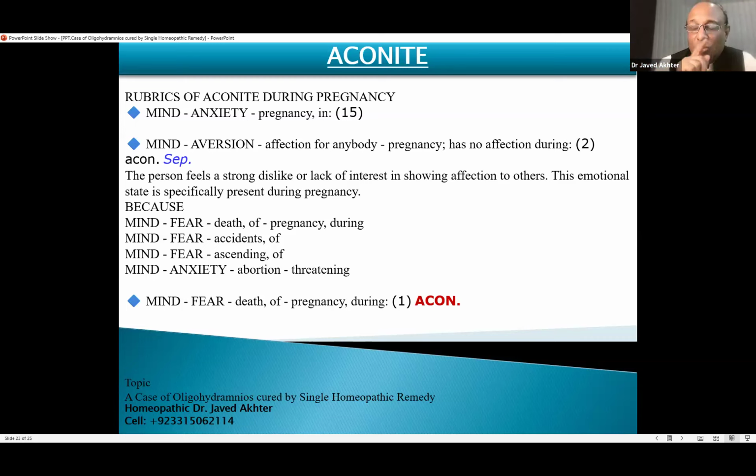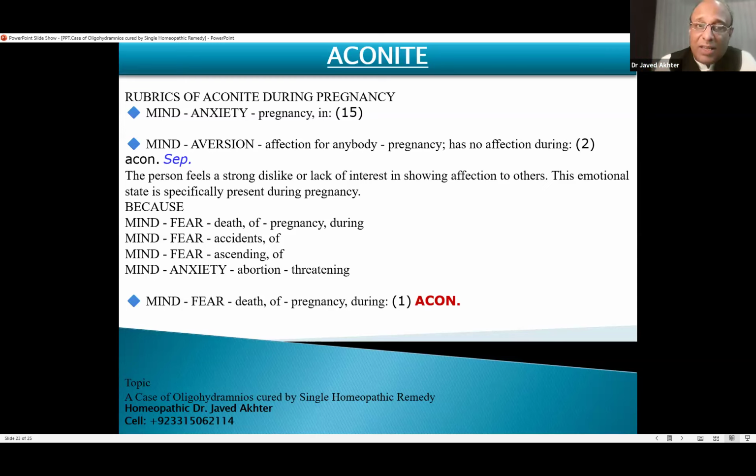Why? Aconite, basically, whatever the case, in homeopathy, during case taking in the cycle protocol, you must ask about why. When your why is clear, it means you can reach the right simillimum rubric. Because the patient has fear of death during pregnancy, fear of accident, fear of abortion threatening.